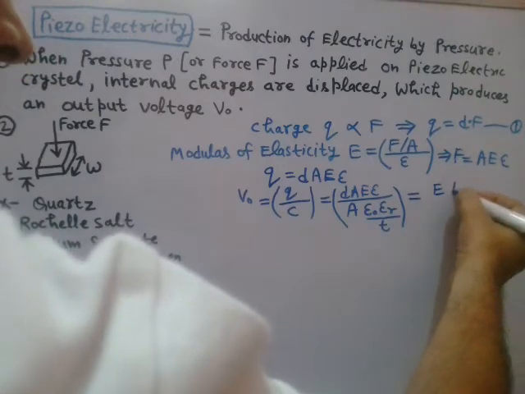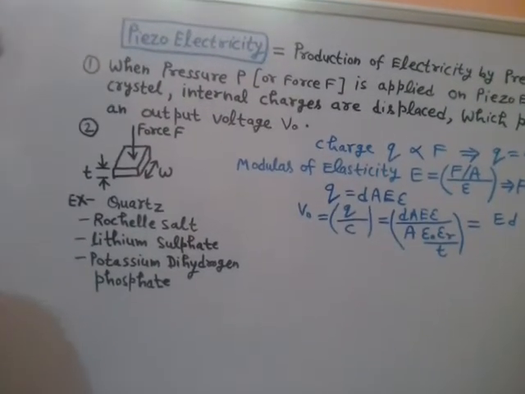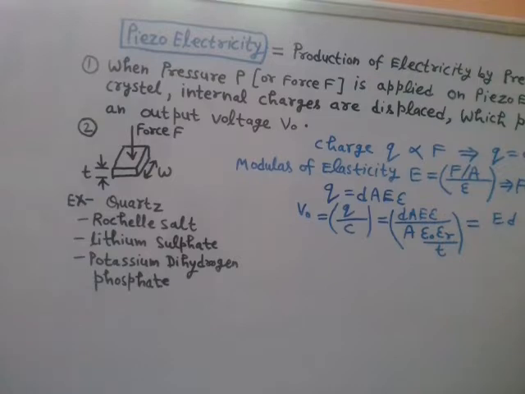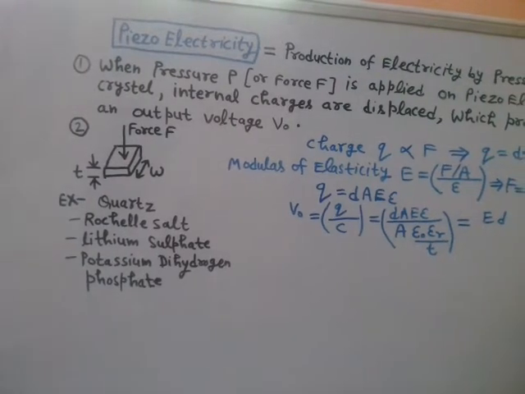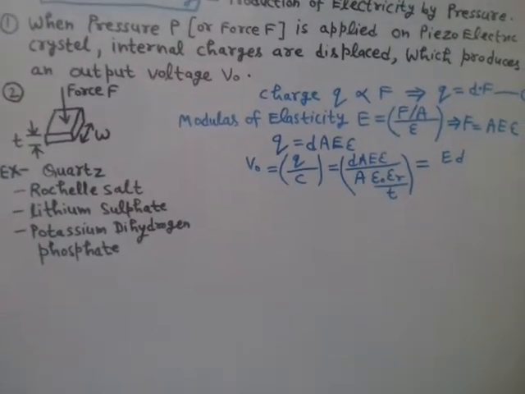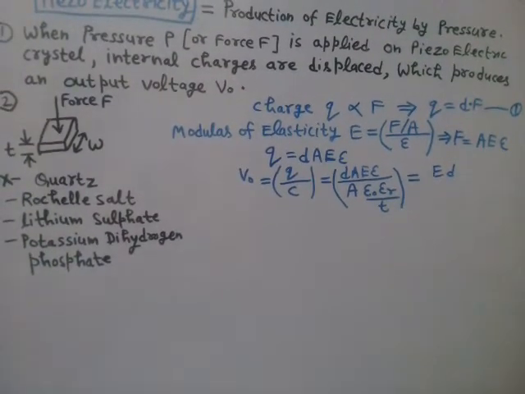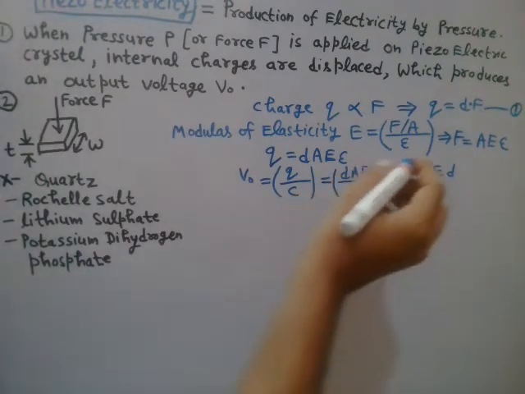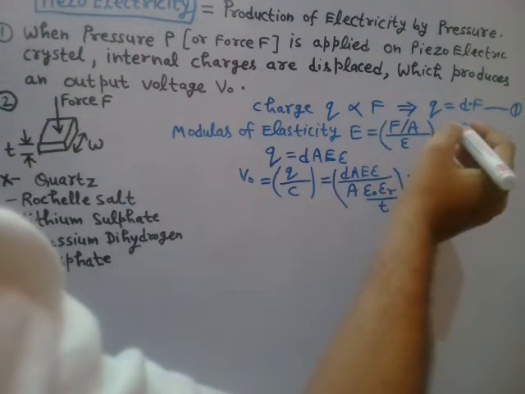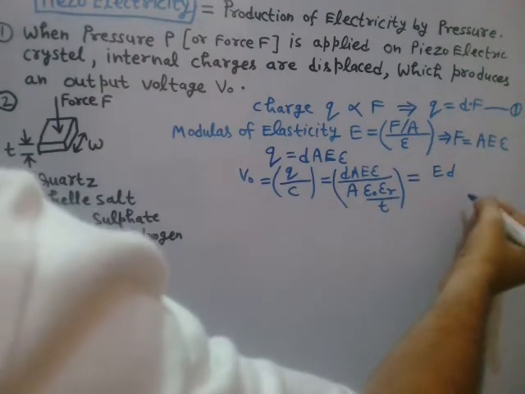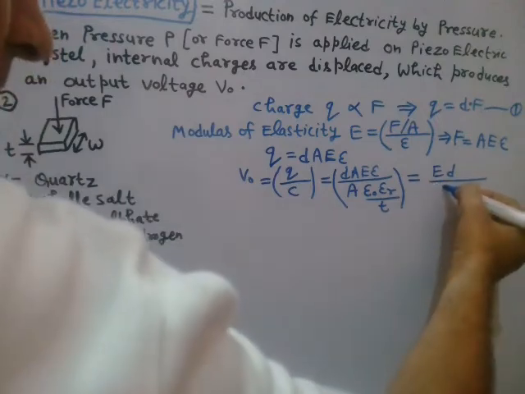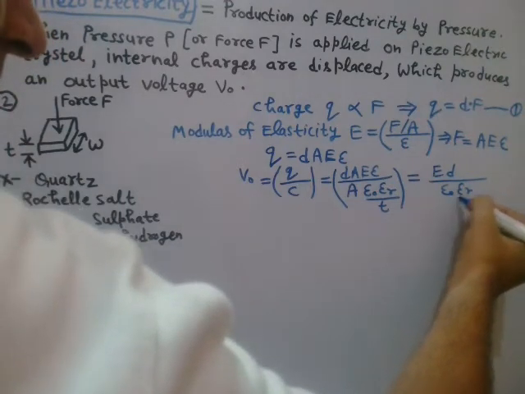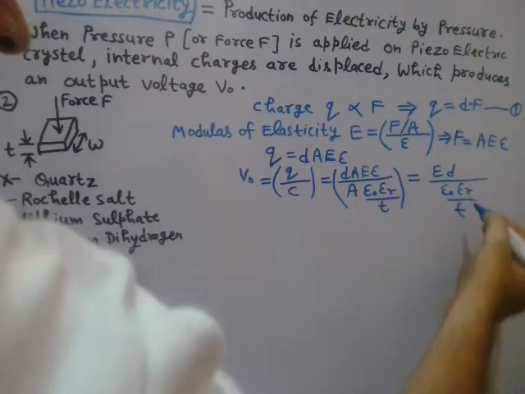E into D, whole divided by epsilon naught epsilon r by T, epsilon naught epsilon r divided by T, right?